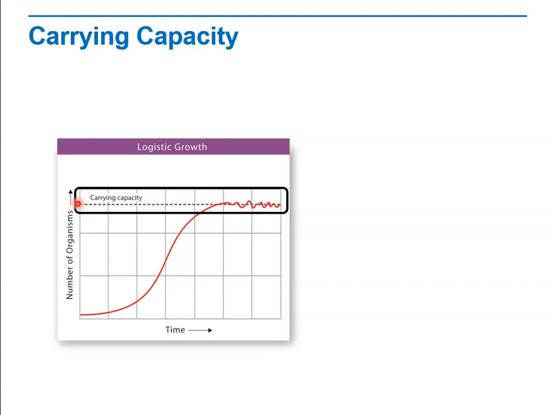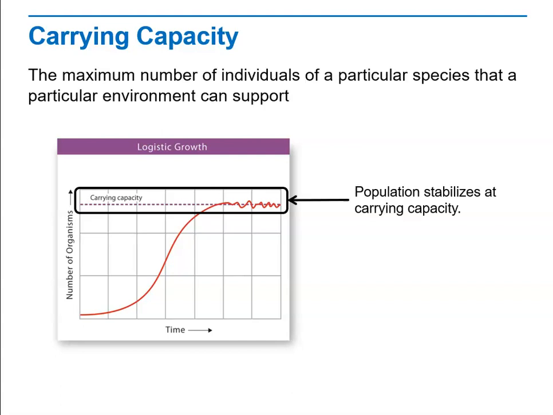Each environment has a specific carrying capacity for a specific population, and that depends on both biotic and abiotic external factors that affect the population in ways that stabilize it at that size. There's only so much space, so much food, and so only so many individuals can be supported in an area. Again, carrying capacity is an important concept to add to your notes. That's the maximum number of individuals of a particular species that a particular environment can support.